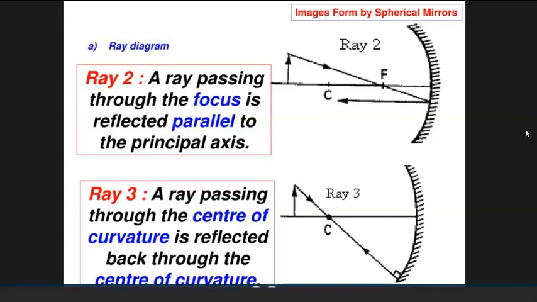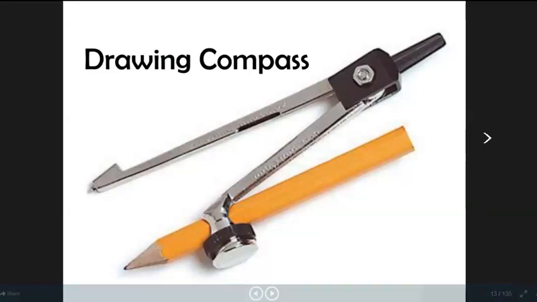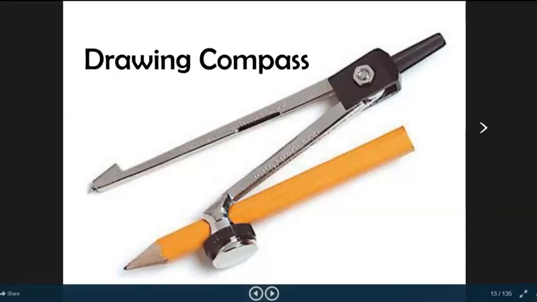Okay. So now we have learned three special rays, and now we are using these three special rays. Out of these three special rays, only two are required to locate the image for a given position of the object. With the help of a compass, we can draw a spherical mirror.